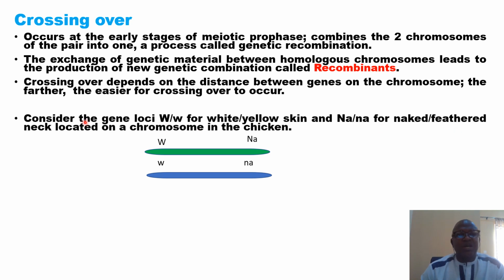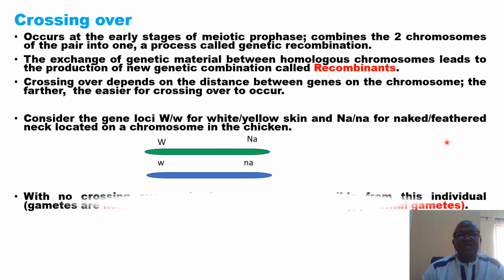So let's consider the gene loci W, capital W, small w. The capital W represents white skin, and the small recessive w represents yellow skin in chicken. And Na, capital N, small a: this is naked neck, and this is normal feathered neck chicken.